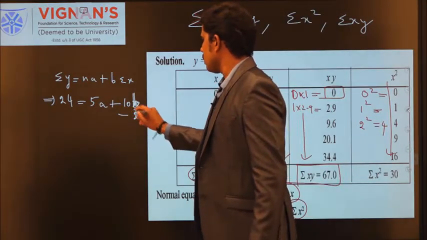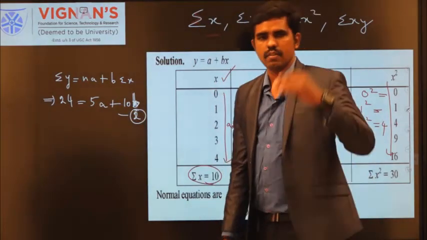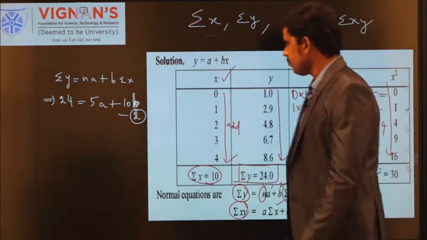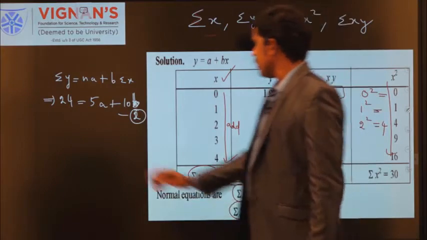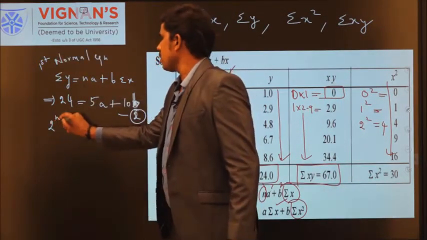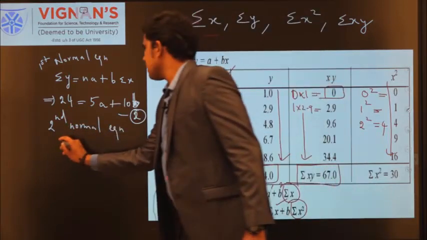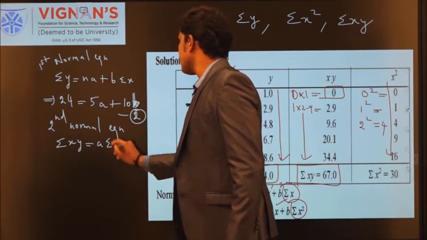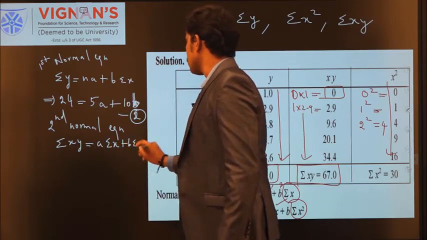Then the second normal equation, what is that? Summation xy is equal to a into summation x plus b into summation x square.